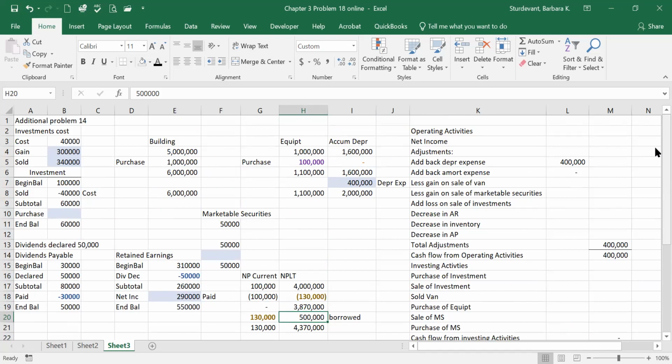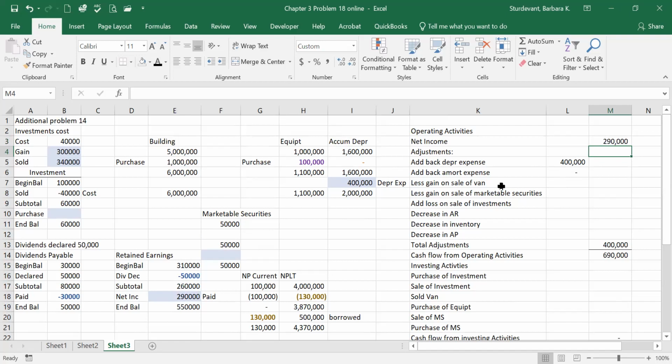Net income is how much? $100,000. Look over here. Oh, I'm sorry, 290,000. 290, right? Okay, my depreciation expense very nicely just filled in for me from over here.